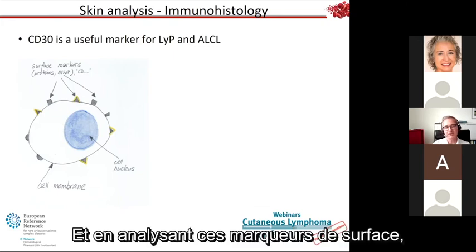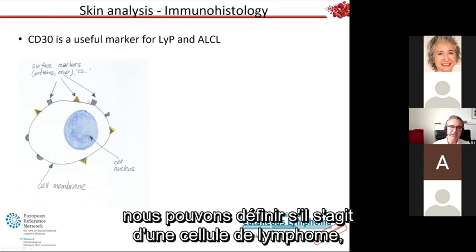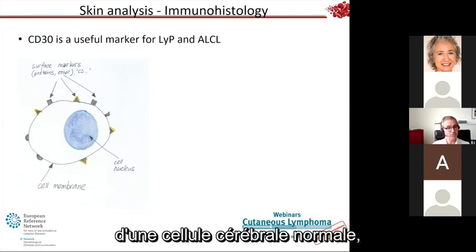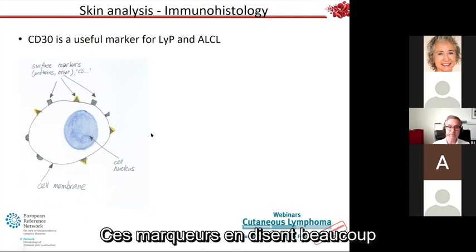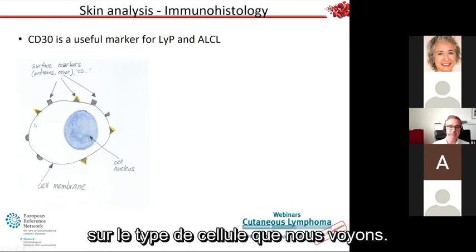Based on the analysis of these surface markers, we can define whether we are dealing with a lymphoma cell, a normal brain cell, or another skin tumor cell. So these surface markers tell us a whole lot about the type of cells we're dealing with.